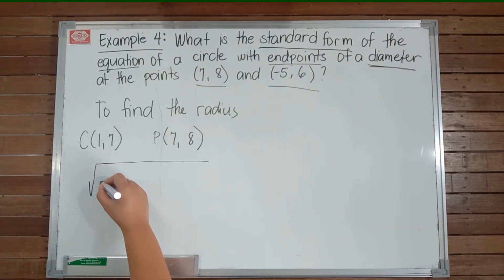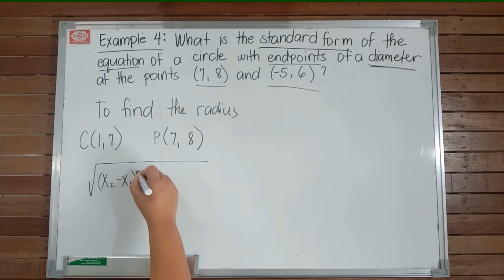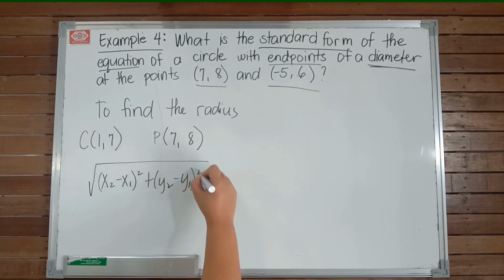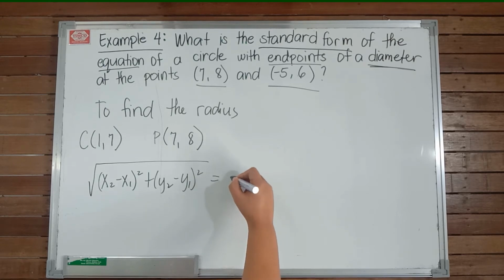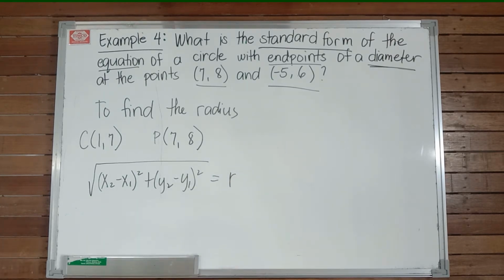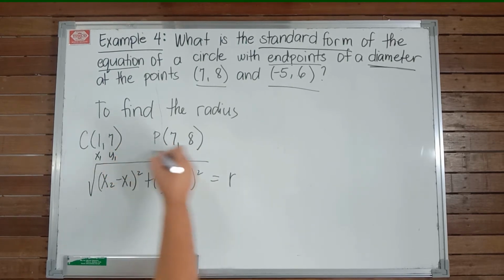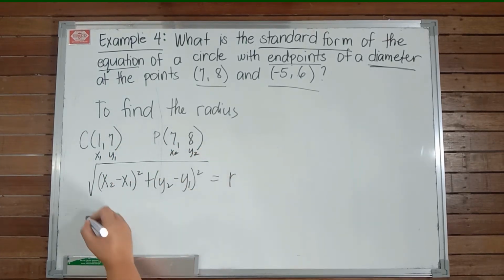Using the distance formula para makuha natin yung radius, we have x sub 2 minus x sub 1 squared plus y sub 2 minus y sub 1 squared equals r squared. R lang pala kasi mayroon pa siyang square root. So that is x sub 1, y sub 1, x sub 2, y sub 2.